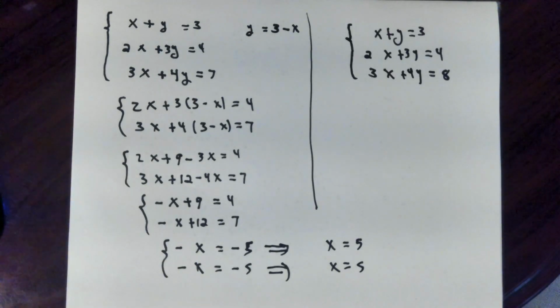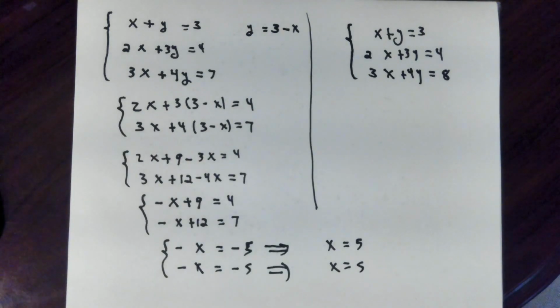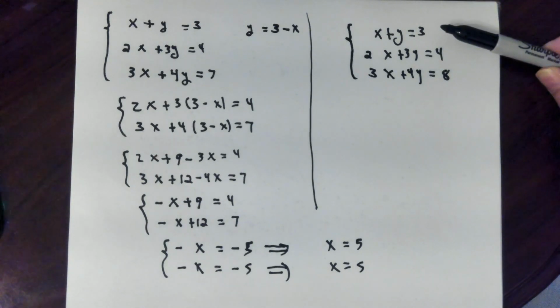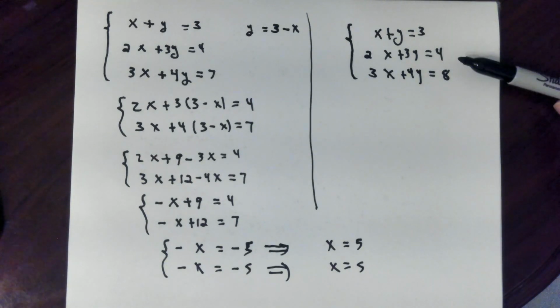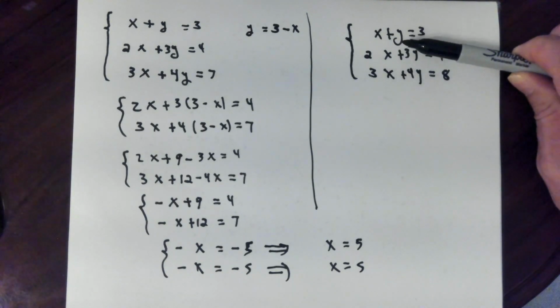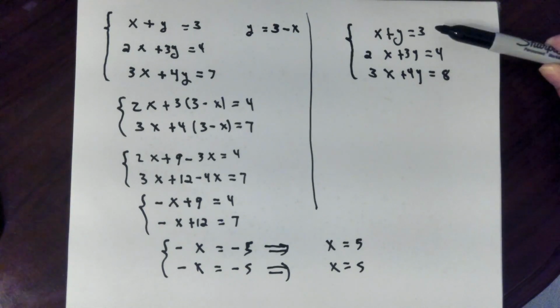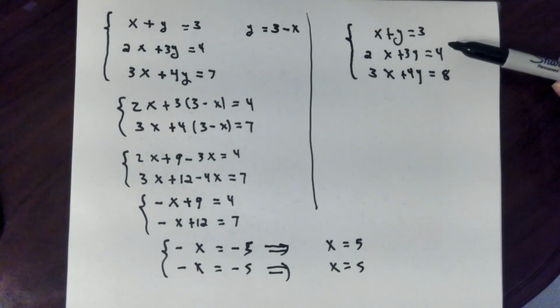Having gained a little bit of insight into what's going on in this system, it might be informative to think about this system. X plus y is 3, same equation. 2x plus 3y is 4, same equation. X plus 2x is 3x. Y plus 3y is 4y. 3 plus 4 is 7.